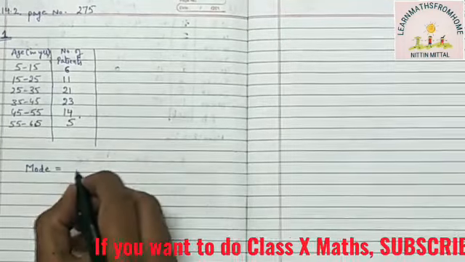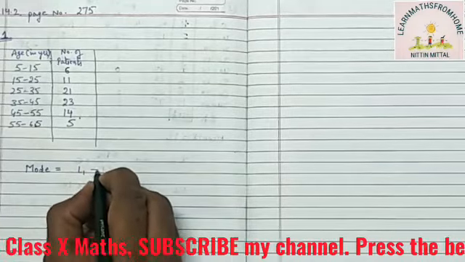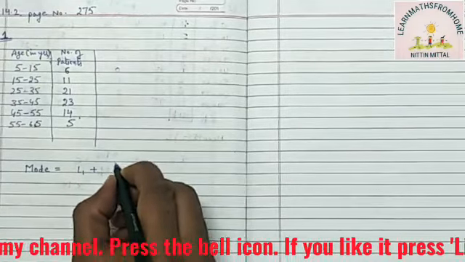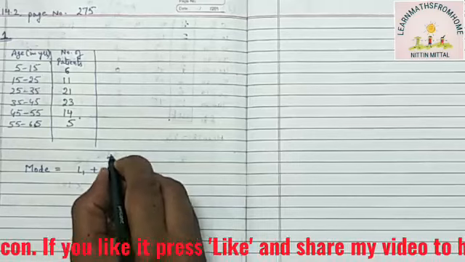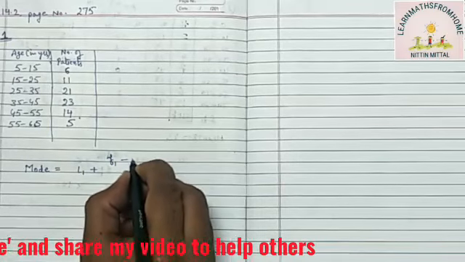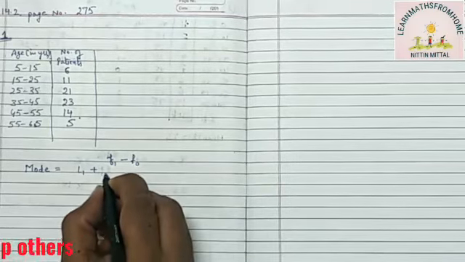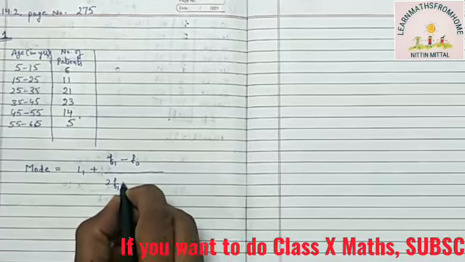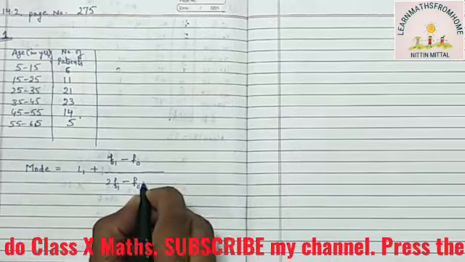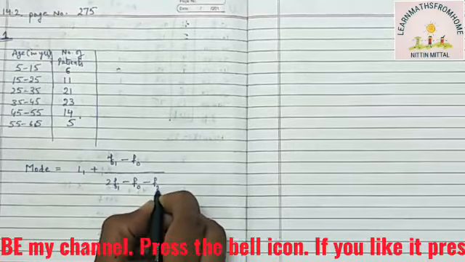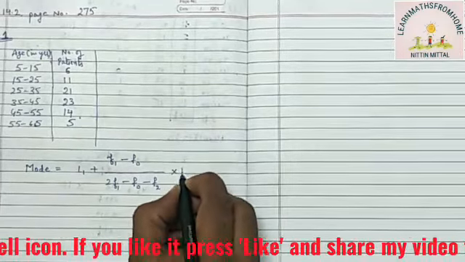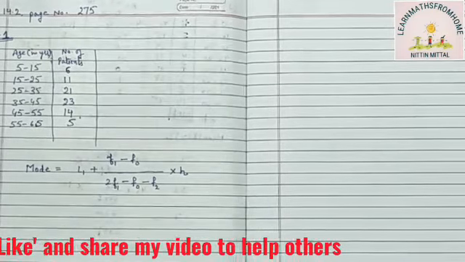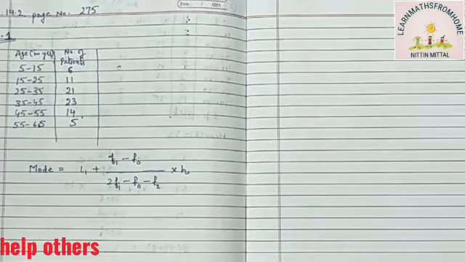The formula of mode is L1, that is lower limit, plus (F1 minus F0) over (2F1 minus F0 minus F2) into H. So this is the formula for mode.